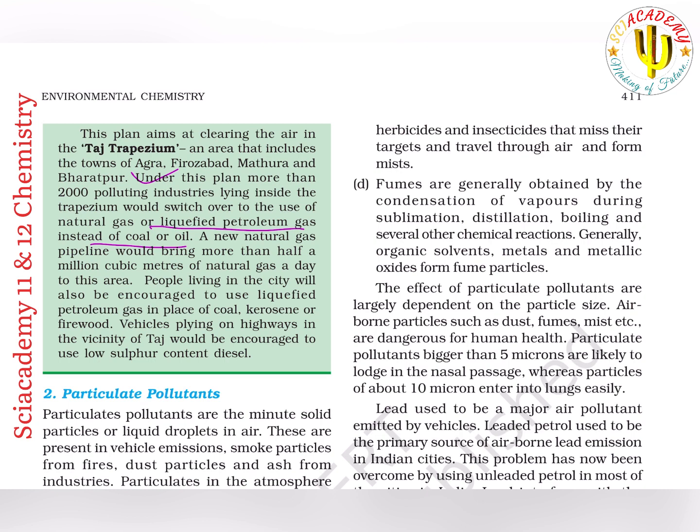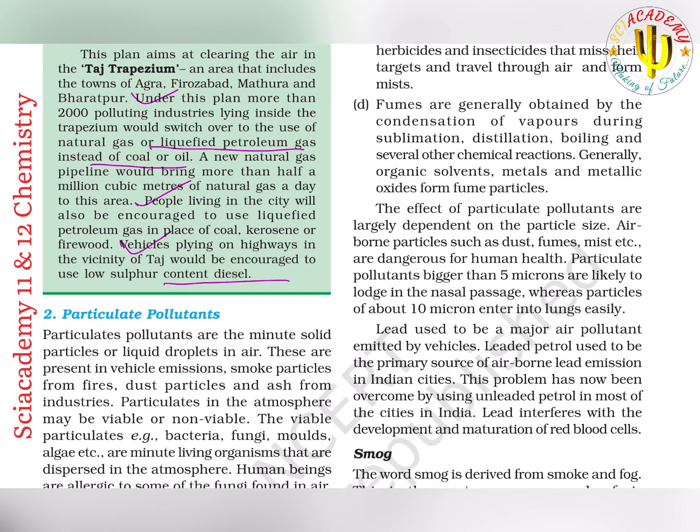People living in the city will also be encouraged to use liquefied petroleum gas in place of coal, kerosene, or firewood. Vehicles plying on highways in the vicinity of the Taj would be encouraged to use low sulfur content diesel.